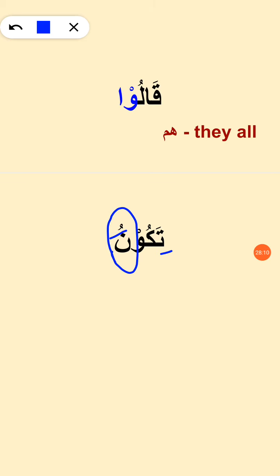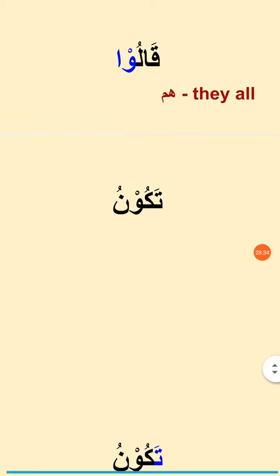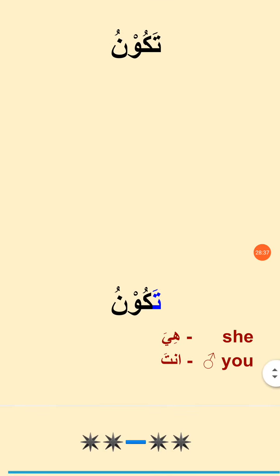So all the second add-ons that we have practiced or that we know for fil muzari all carry a fatha, they do not carry a dhamma. If it is carrying a dhamma, then this is not the second add-on, but it is part of the root word, you could say, a root letter. So takunu is either anta or hiya.